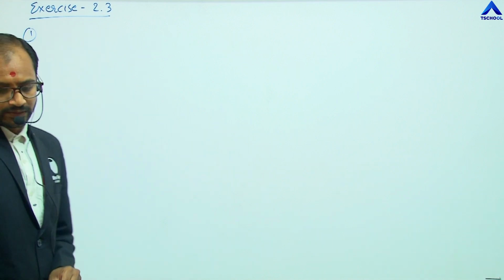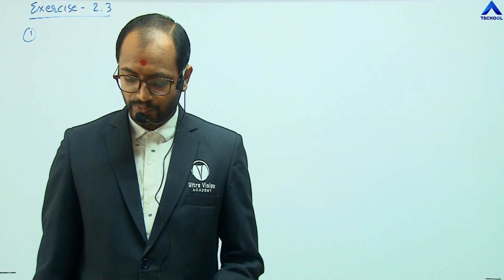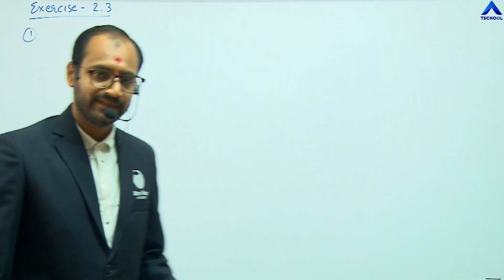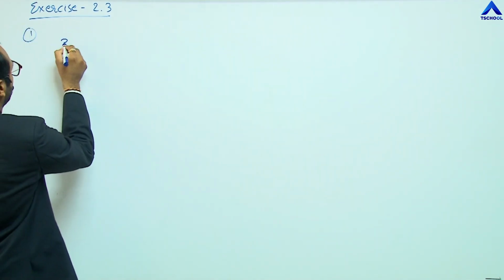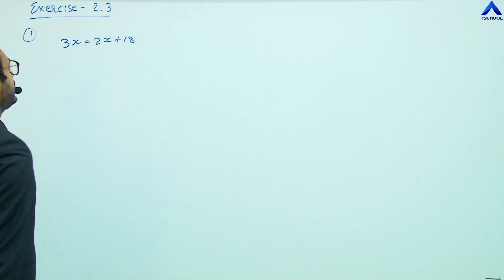Let us solve the first problem. 3x equals 2x plus 18. It is so simple. 3x equals 2x plus 18.